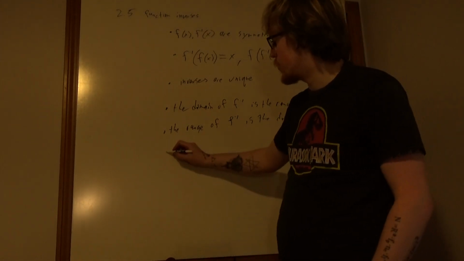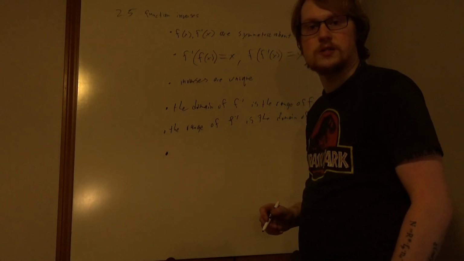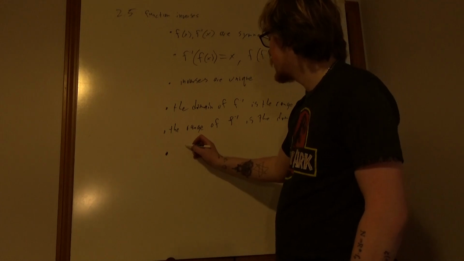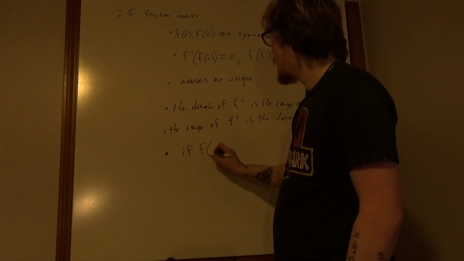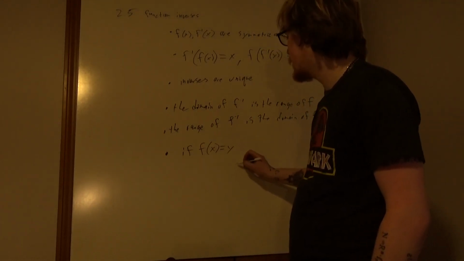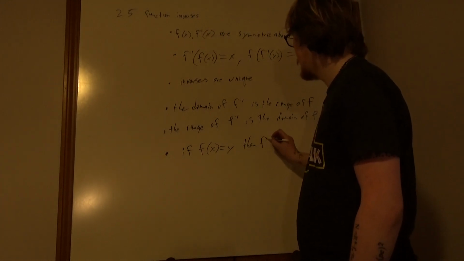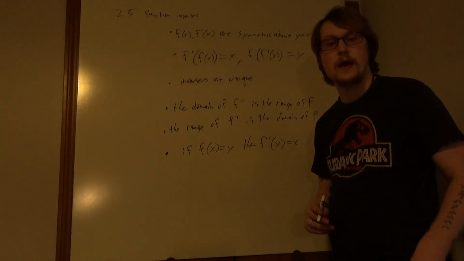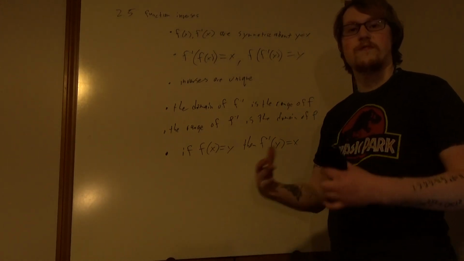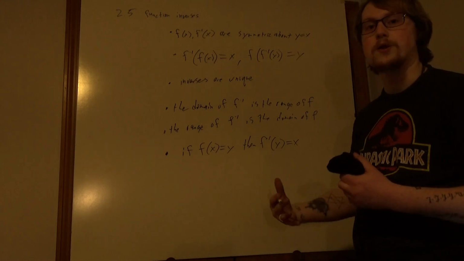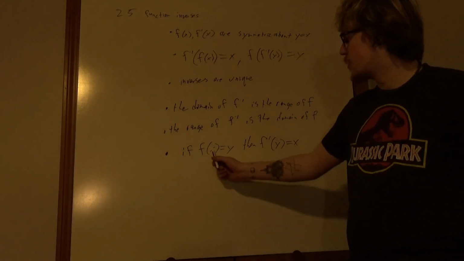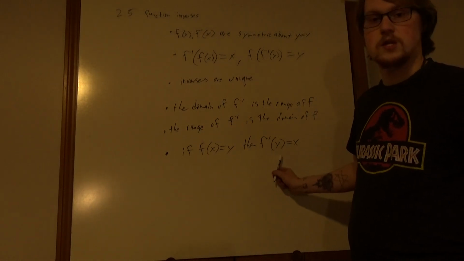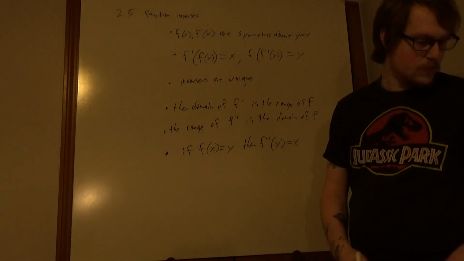And the last one that we probably need is to say that just sort of by definition, the way we look at these things, if f of x equals y, then f inverse of y equals x, right? And again, this is by this idea of reversing an operation or undoing something. If this function converts x into y, well, then its inverse has to convert y back into x.